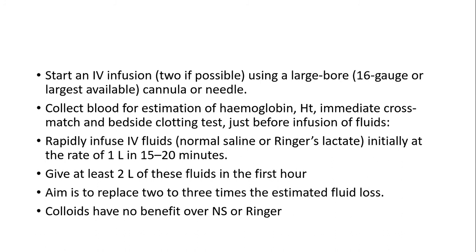Initially 1 liter in 15-20 minutes. Give at least 2 liters of these fluids in the first hour. The aim is to replace 2 to 3 times the estimated fluid loss. Colloids have no benefit over normal saline or ringer lactate.